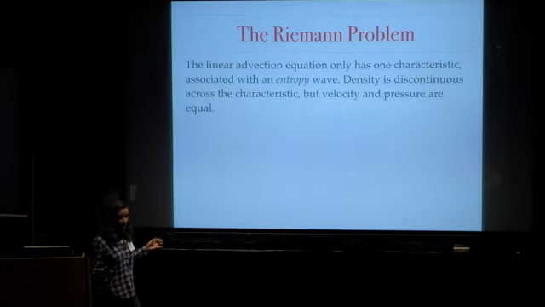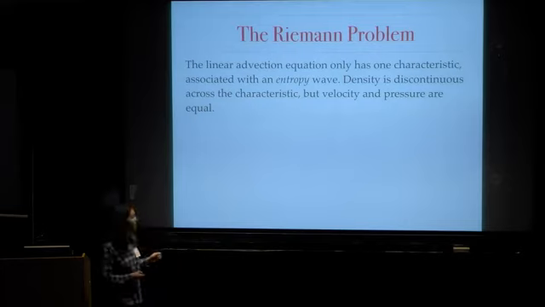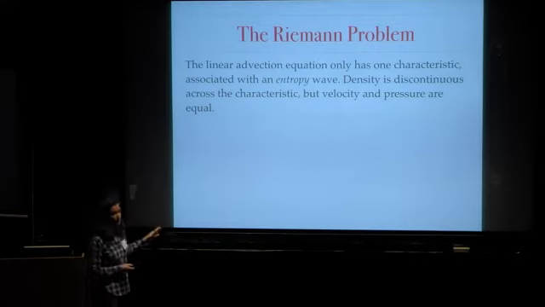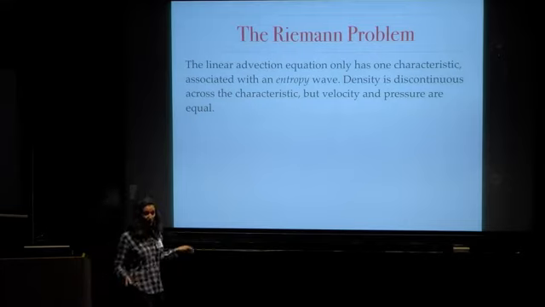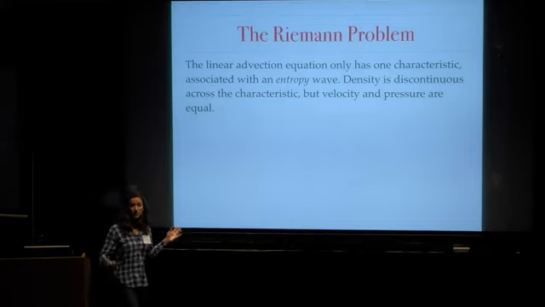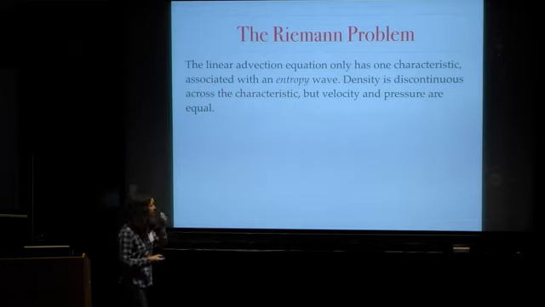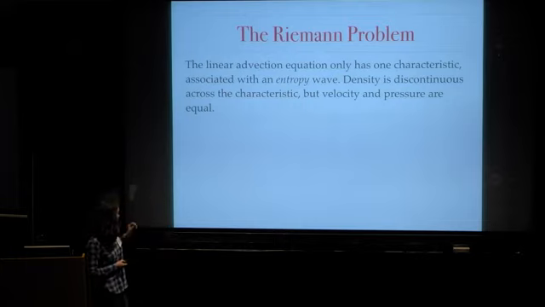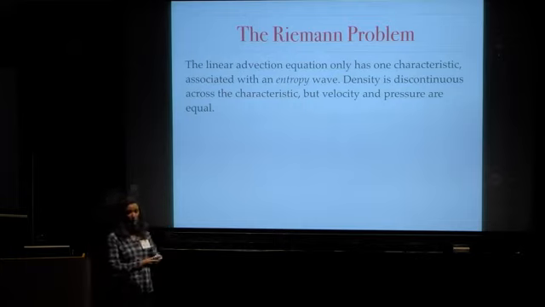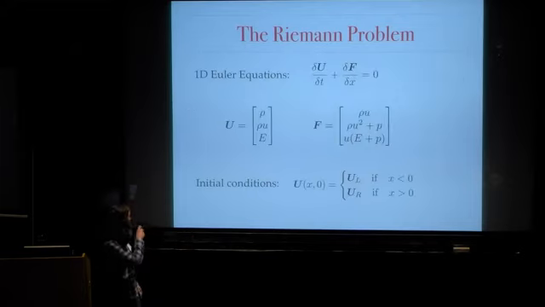The linear advection equation is fairly simple. It has one variable and only this one characteristic. That characteristic is associated with what we call an entropy wave, because the only variable that changes across it is the density, and the velocity and the pressure are going to be equal.